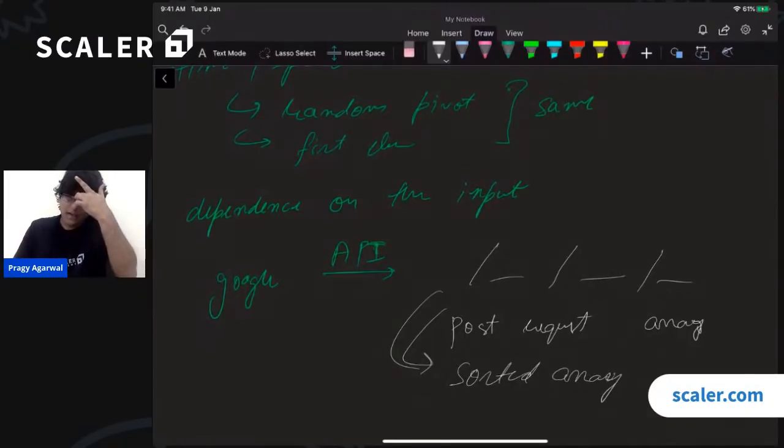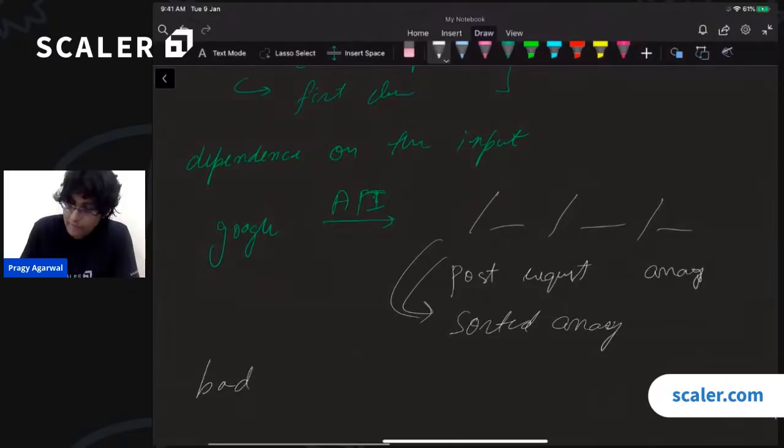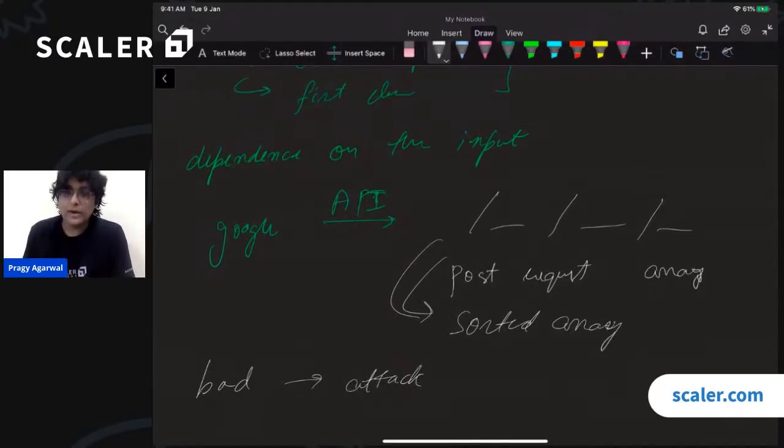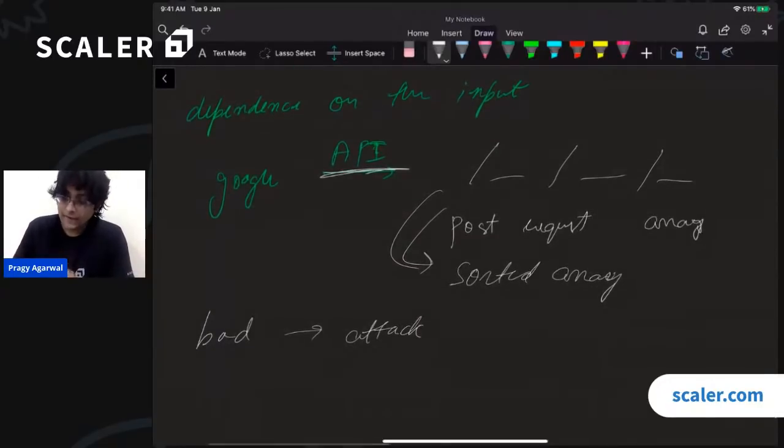Now, if I am a bad person and I want to attack Google, I will always call this API with a sorted array.